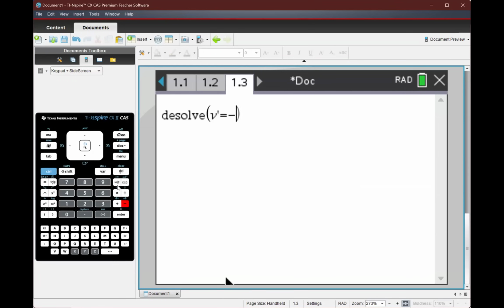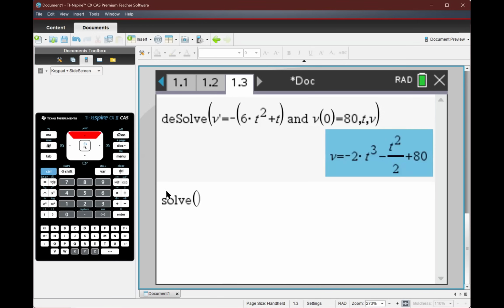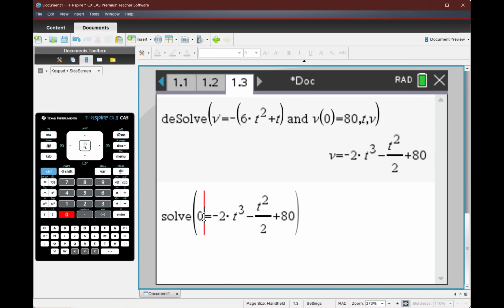V dash equals minus 60 squared plus t, space and space, v of naught equals 80, comma t variable, comma v function. So this is your velocity function in terms of t. And we can solve this equal to 0 for t.